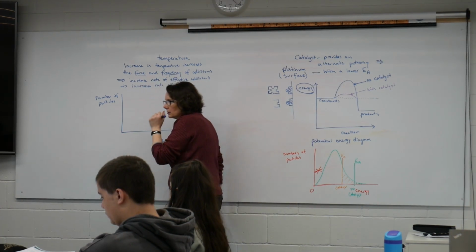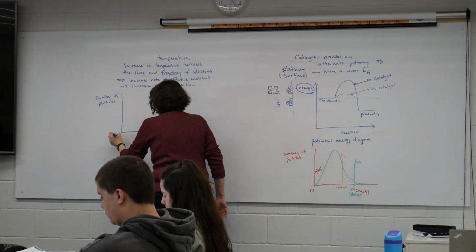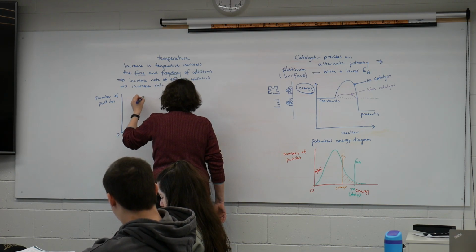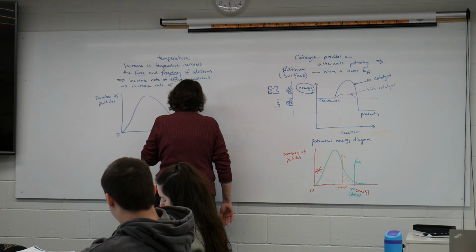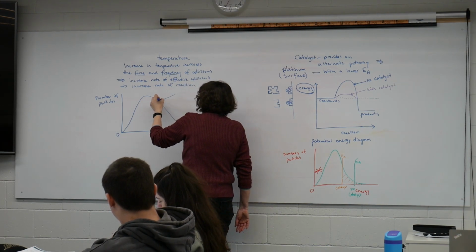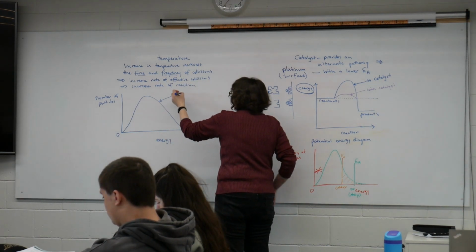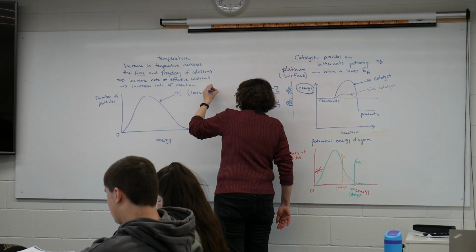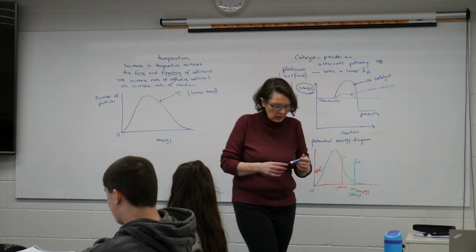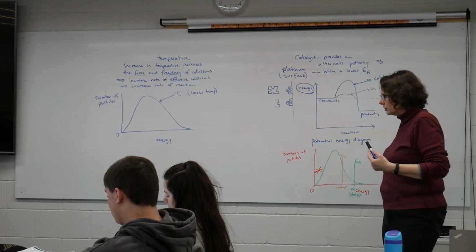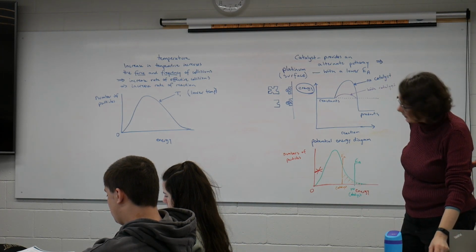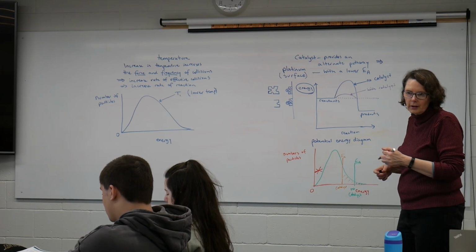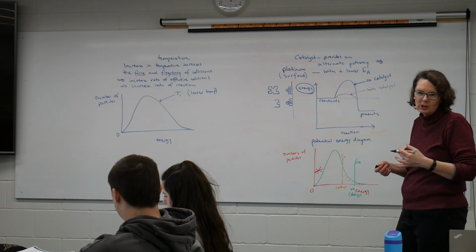We can't have any particles with energy at zero. This one might be T1, which is a lower temperature. And here is where our curve differs from the catalyst. The most common errors are getting these mixed up and drawing a catalyst curve for a change in temperature, and vice versa.